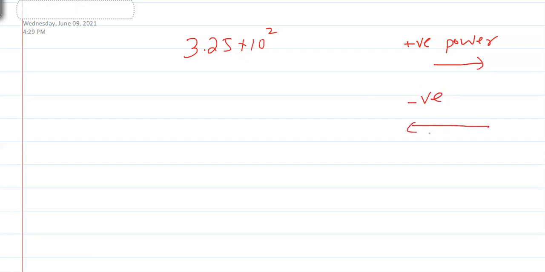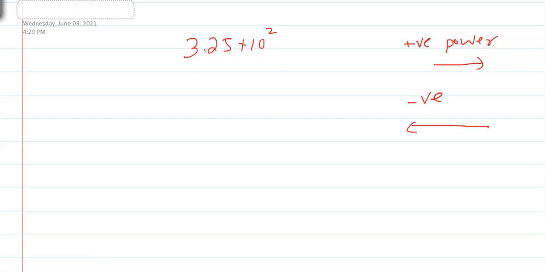To write it in the ordinary form, first of all, look at your power. For a positive power, your decimal will move from left to right when you are going from standard to ordinary form. And if you have a negative power, then your decimal should move from right to left. Okay, this is when you are doing just the opposite work.